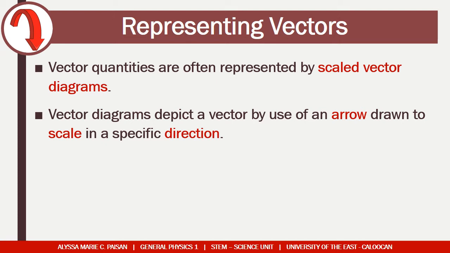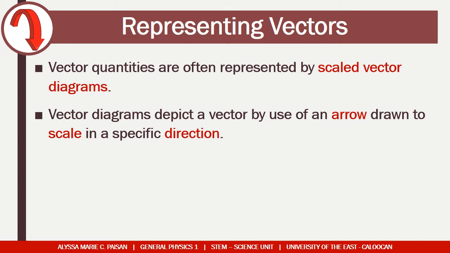Just like for example in a map. Let's say that the map has a scale of 1 centimeter is equal to 10 kilometers. Meaning, if you're going to use your ruler, which is small and has centimeters in it, and you were able to measure 1 centimeter from one place to another, it means that in real life you have to travel 10 kilometers. So the same goes with vectors.